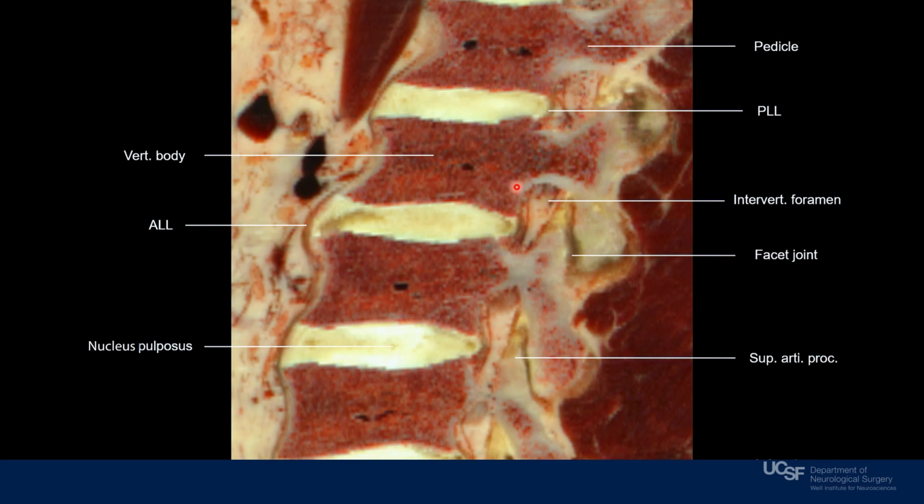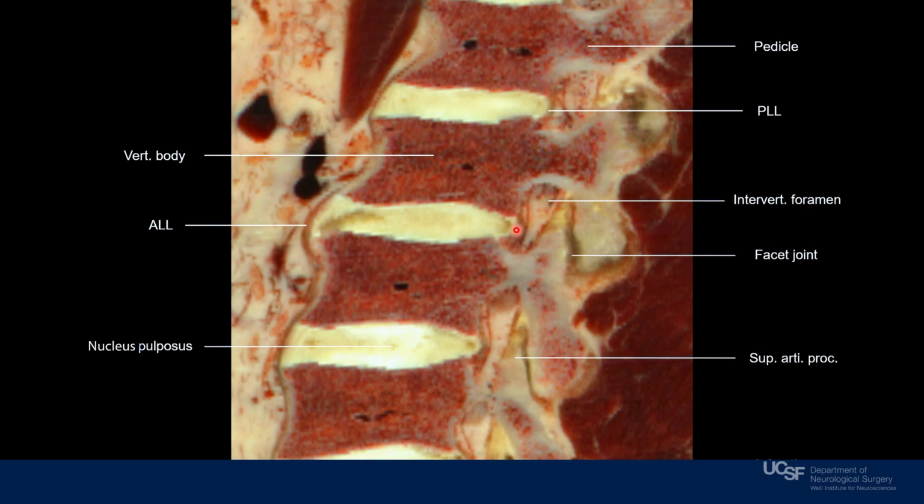We also see an intervertebral foramen that is going to have a roof and a floor made of the notches of the pedicles. We remember there's an inferior notch and a superior notch. Usually in this lumbar region, the inferior notch is going to be more prominent.